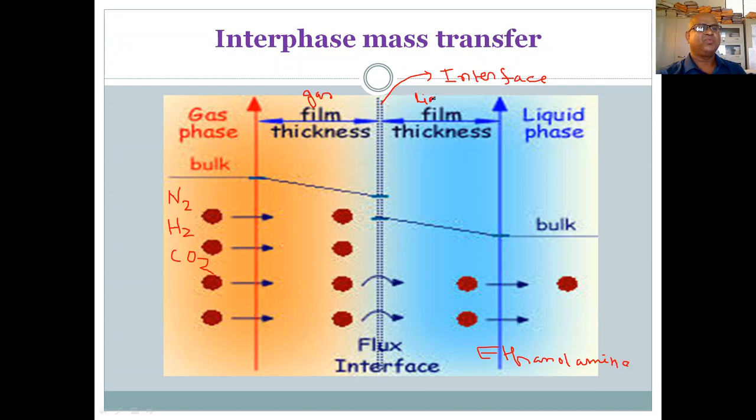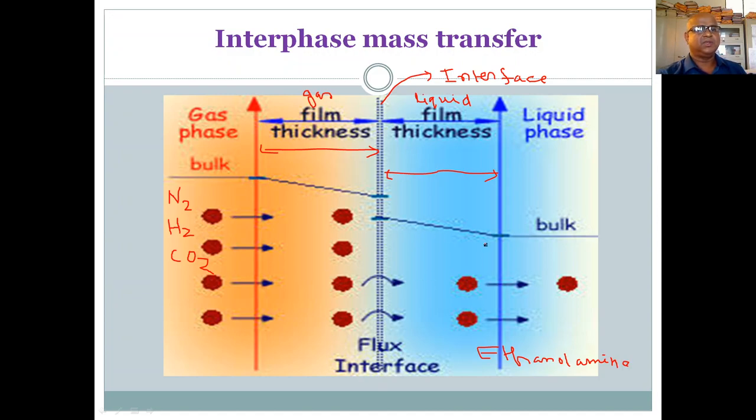So if two phases are in contact, then there will be two boundary layers. One is from the gas side, film thickness, and another is on the liquid side. Now here carbon dioxide is diffusing from the gas phase to the liquid phase.